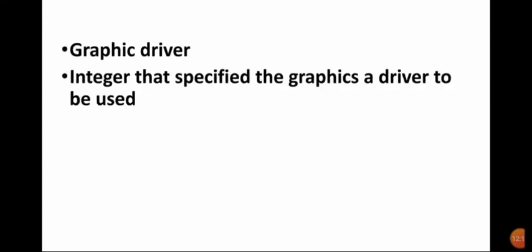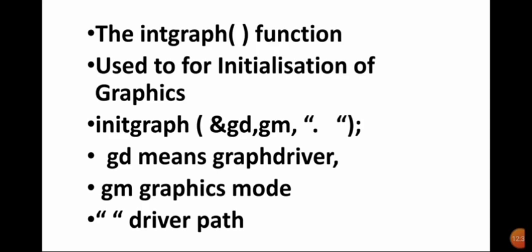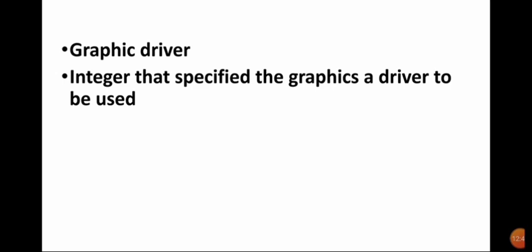Now let us move towards the meaning of graphic driver. Graphic driver is an integer that specifies the graphic driver to be used. I am going to explain: this graphic driver GD is an integer, and that integer number tells you which type of graphic driver you are going to use. Get it?